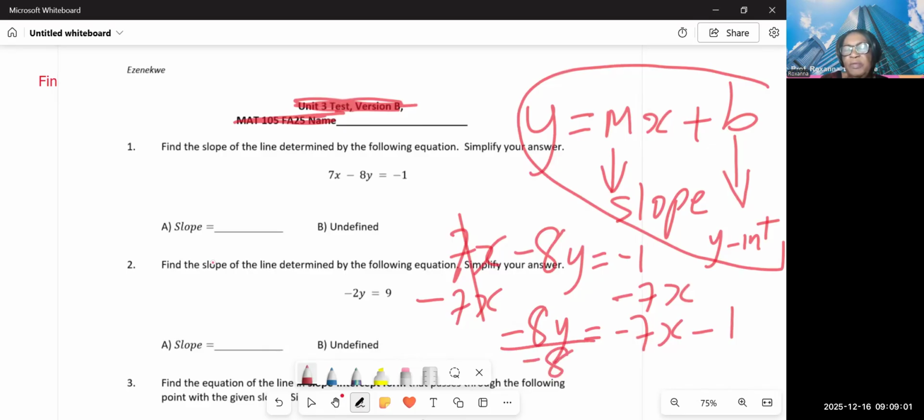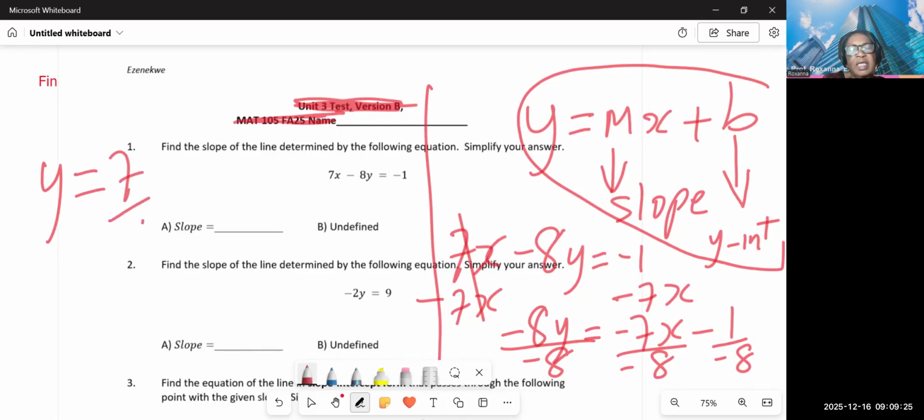So -8 divided by -8 is y. -7 divided by -8 is 7/8x, plus 1/8.